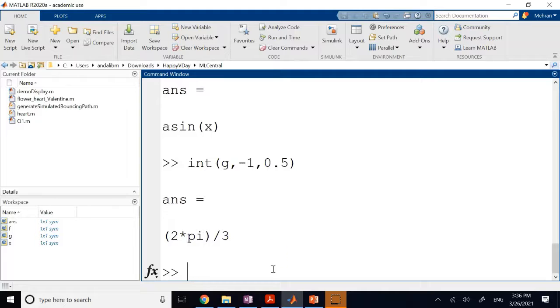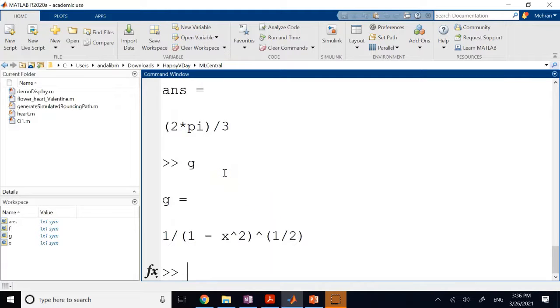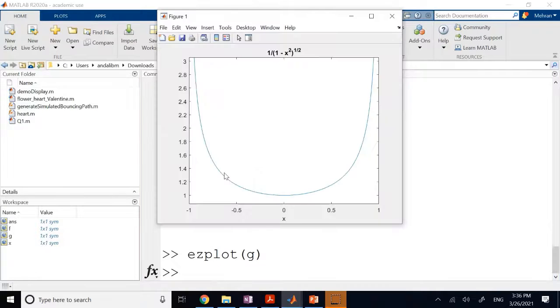So if I have a function like this g, I still should be able to plot a symbolic function. But to plot it, the command is not called plot, it's called ezplot. You say ezplot of g. And boom, you got your sine inverse. Okay?